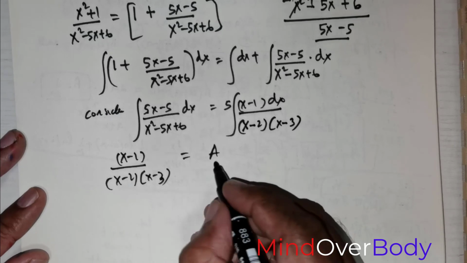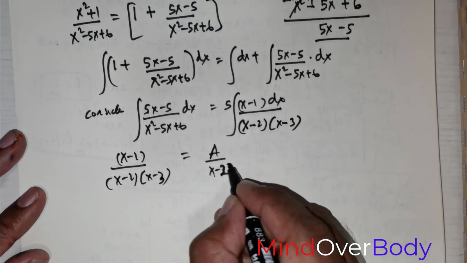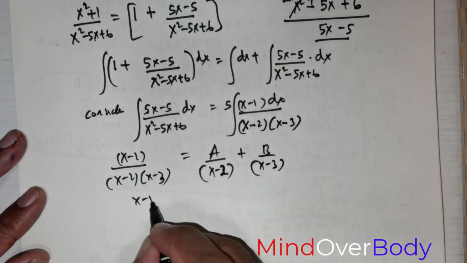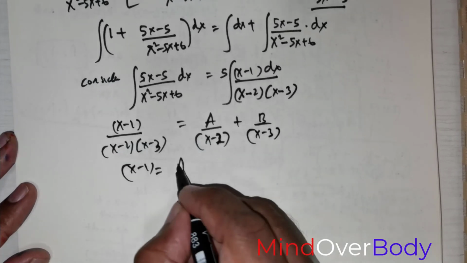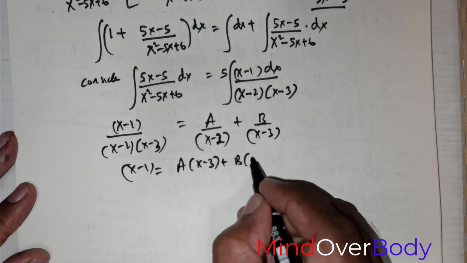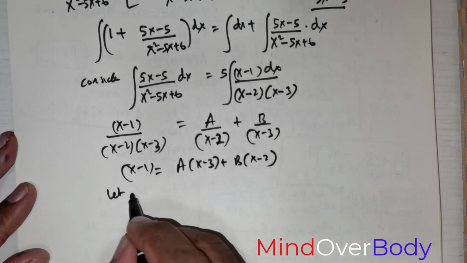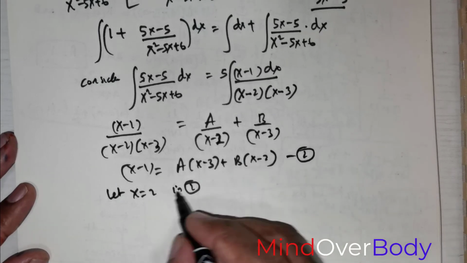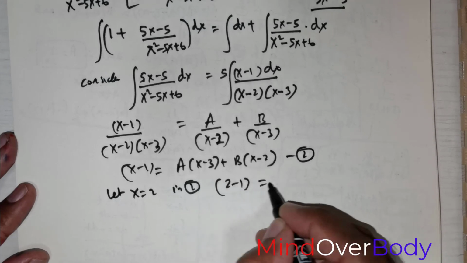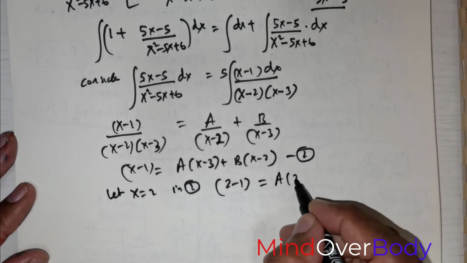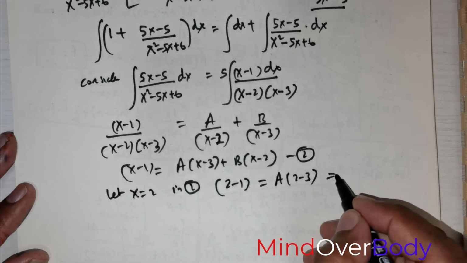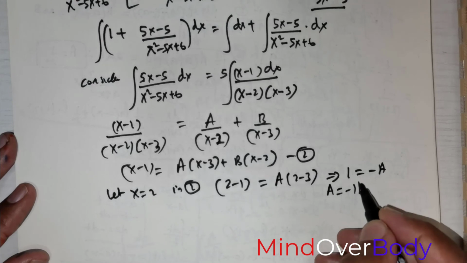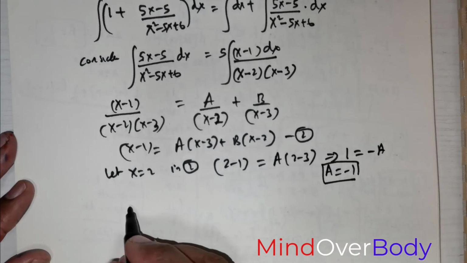Now take the integrand (x - 1) divided by (x - 2)(x - 3) and write it in partial fractions as A over (x - 2) + B over (x - 3). If I cross multiply, I get x - 1 is equal to A times (x - 3) + B times (x - 2). I'm going to take x equal to 2, so the B term will vanish, and 2 - 1 is equal to A of (2 - 3). That means 1 is equal to -A, so A is equal to -1.